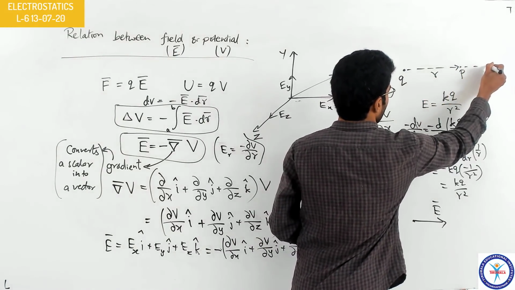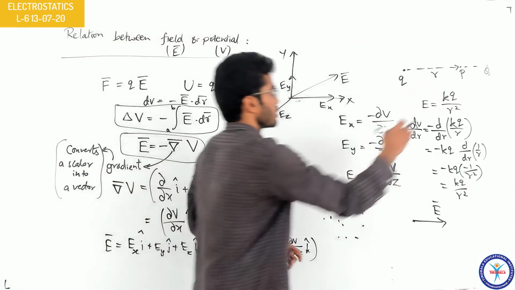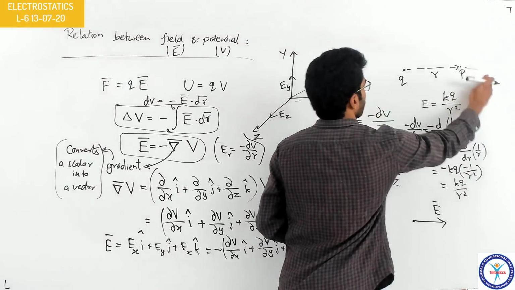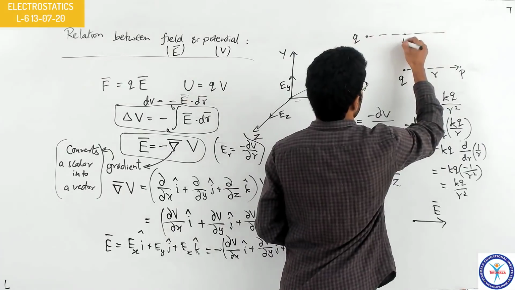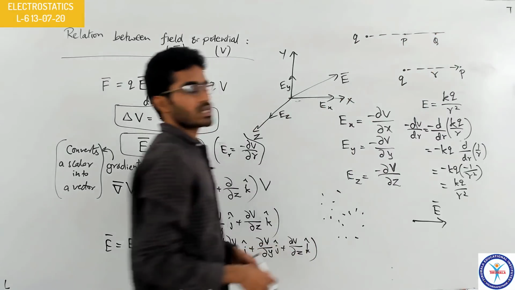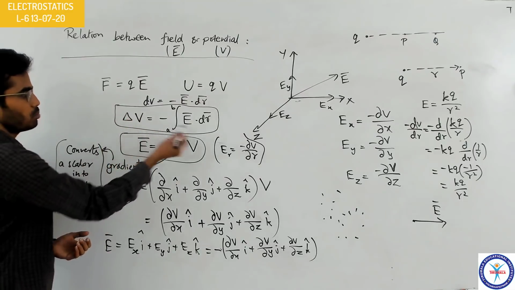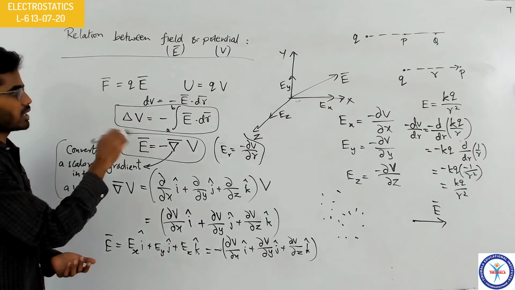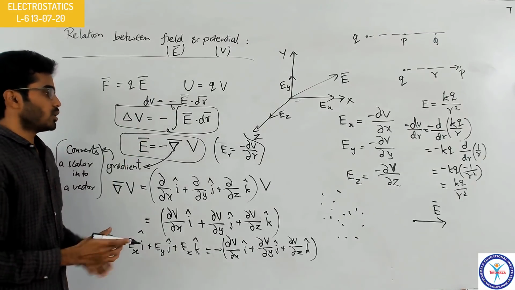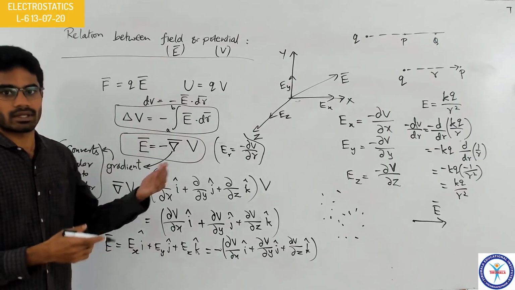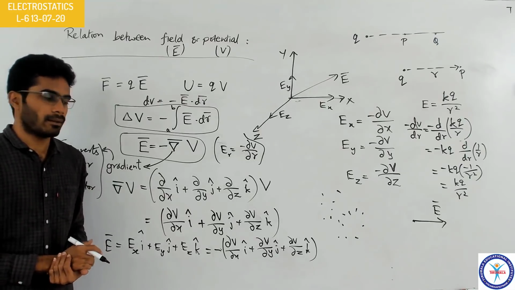See, this is a point P. If there is a point Q also somewhere, okay, let's write it in a different light. So there are two points P and Q. If you want to calculate the potential difference between those two, then delta V can be estimated with this equation. It is minus integral E dot dr, right? You integrate it from a certain limit to another limit. So that's how you get the potential difference, right?